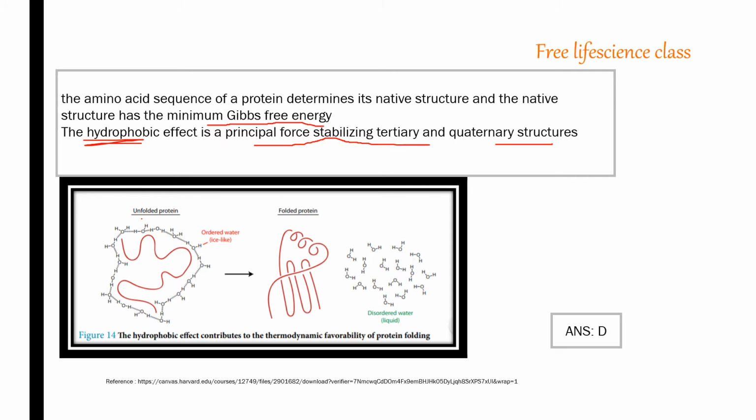So the hydrophobic nature of a protein is very crucial for the folding and stability of a protein. A folded protein requires the hydrophobic effect, and this hydrophobic effect contributes to the thermodynamic favorability of protein folding.